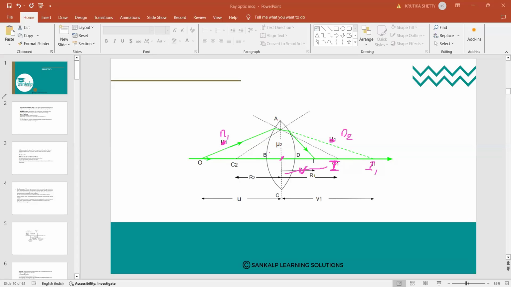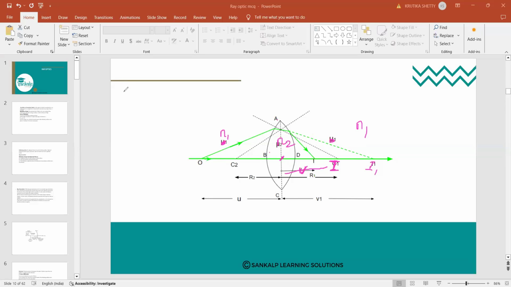Whatever lens you are placing, it is placed in the same medium, so both sides have the same refractive index. This is the refractive index N1, and the lens has the refractive index N2. Here you can see the labelings.